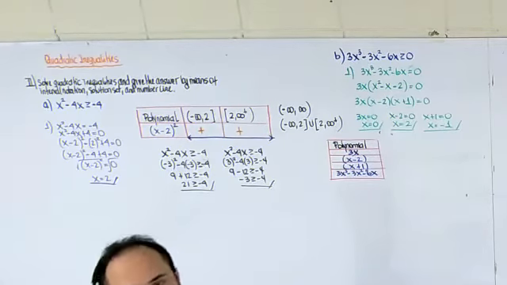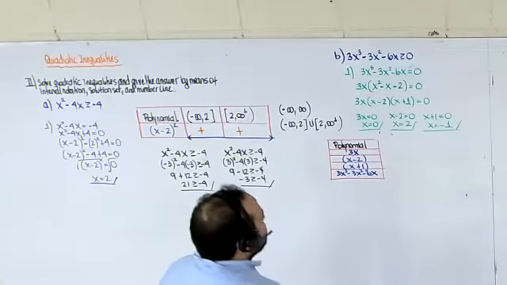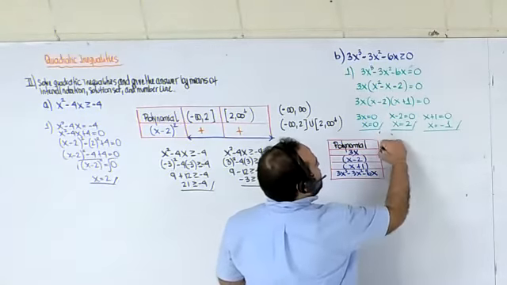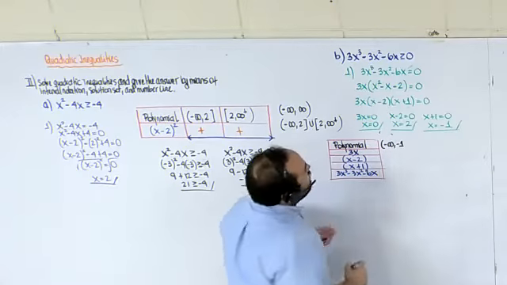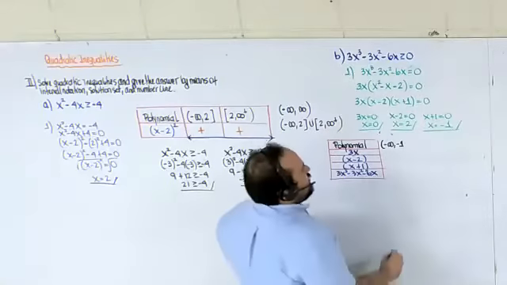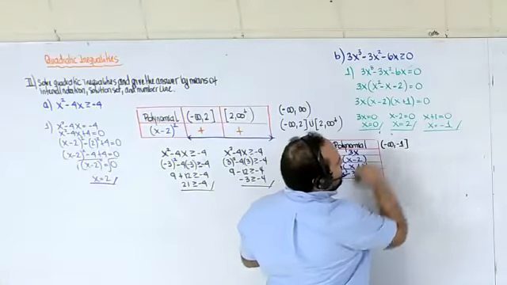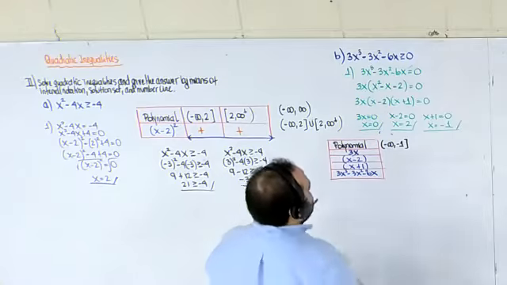It's -1, right? So we're going to start from, remember, negative infinity until -1. And because the inequality includes the equal sign, I'm going to close the bracket. This is going to be the first interval.